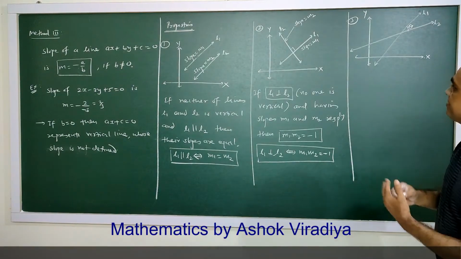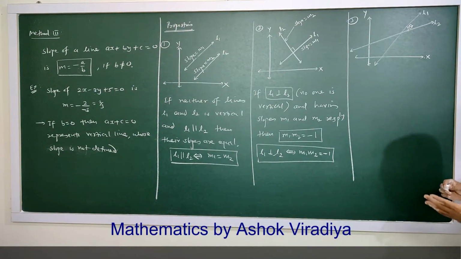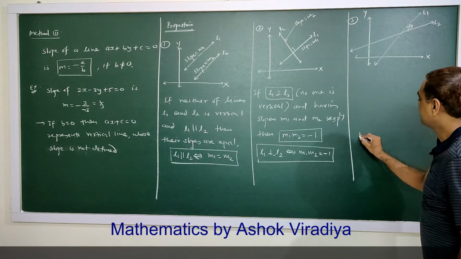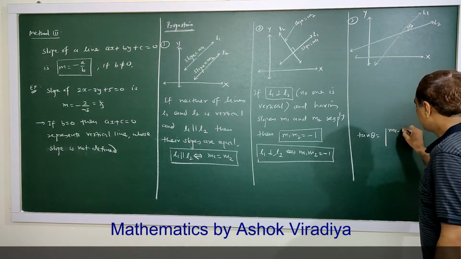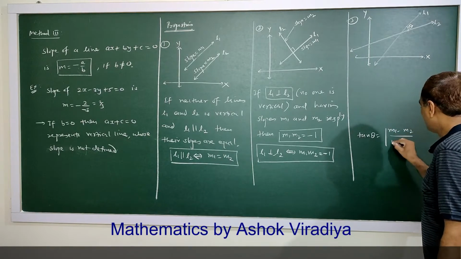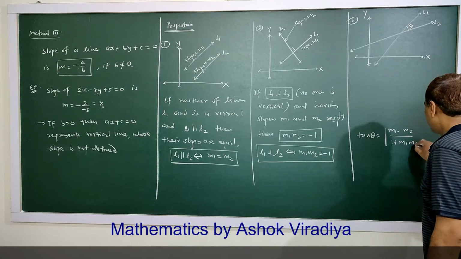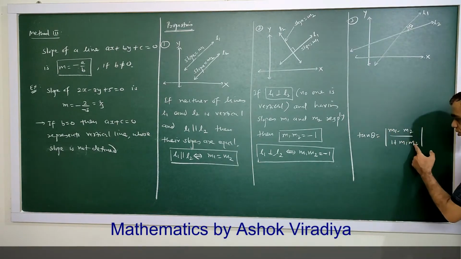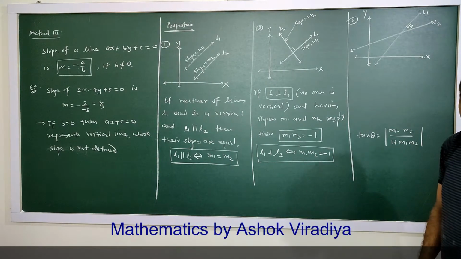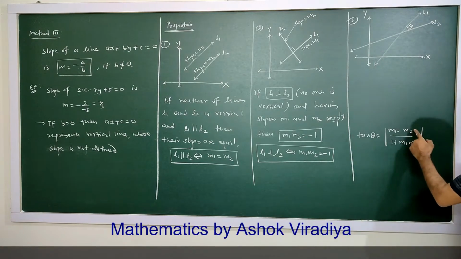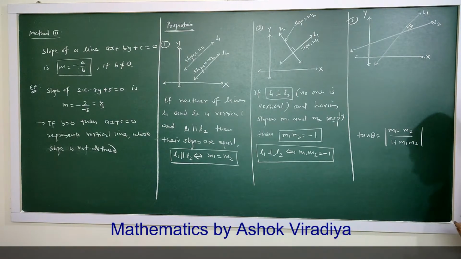This angle can be found by the formula tan theta equal to modulus of m1 minus m2 upon 1 plus m1 m2. Using this formula, the angle between them can be found. Here m1 and m2 are the slopes of these lines.